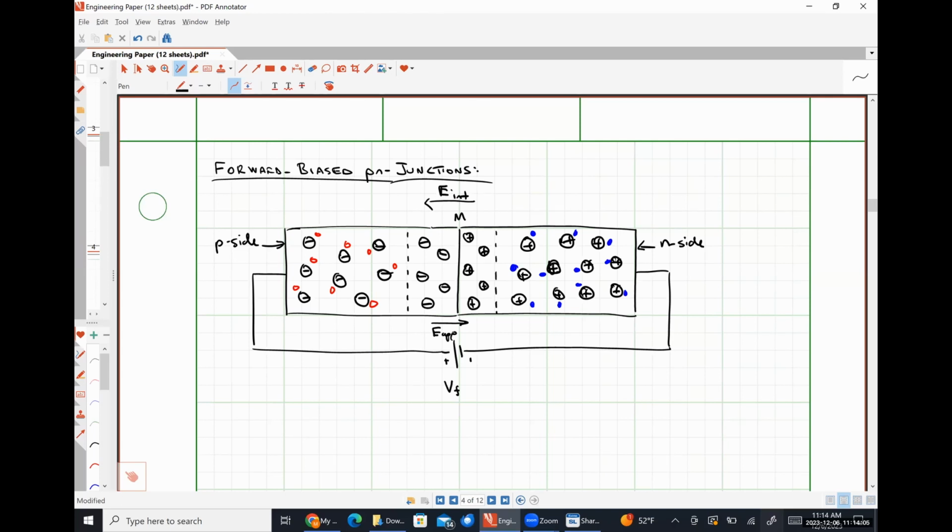Since the depletion region width is dependent upon the barrier potential, the depletion region is actually going to shrink under forward bias conditions.